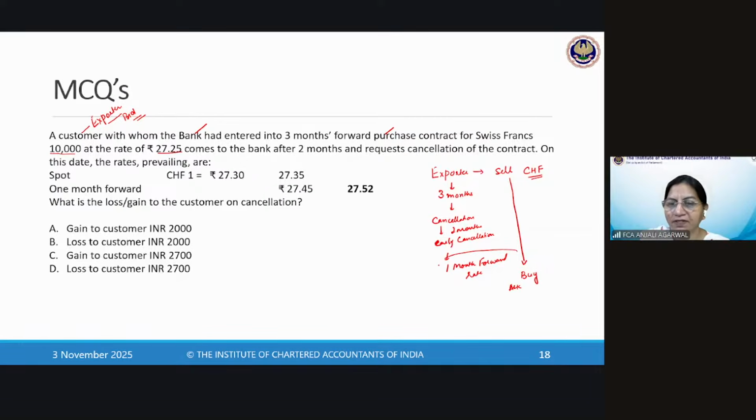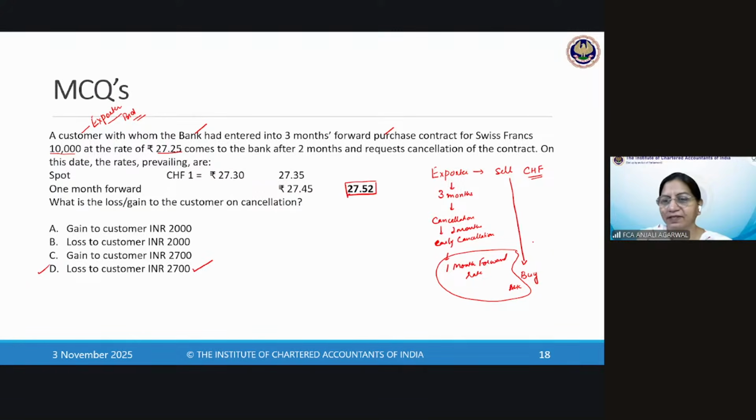So what are we interested in? 1 month forward ask rate. What is the 1 month forward ask rate? 27.52. There will be a loss of 2,700. Yes, loss to the customer INR 27. D is the right answer. Good. Very well done.